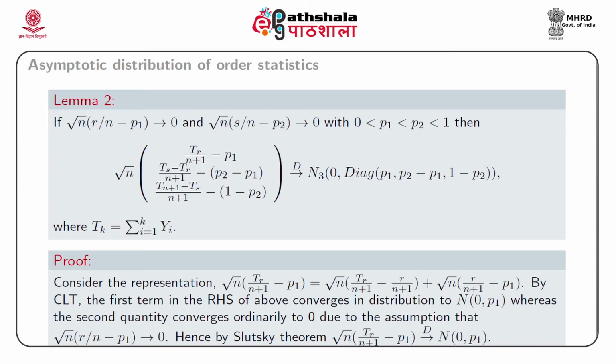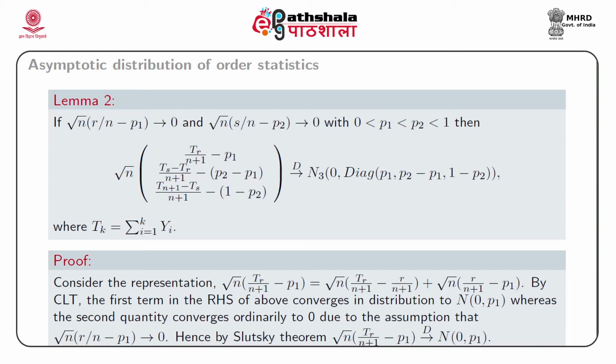By the central limit theorem, the first term on the right hand side of the above converges in distribution to normal 0, p1, that is, to a normal variable with mean 0 and variance p1, whereas the second quantity converges ordinarily to 0 due to the assumption that square root of n r by n minus p1 tends to 0 as n tends to infinity. Therefore, by Slutsky theorem, square root of n tr by n plus 1 minus p1 converges to a normal distribution with mean 0 and variance p1.